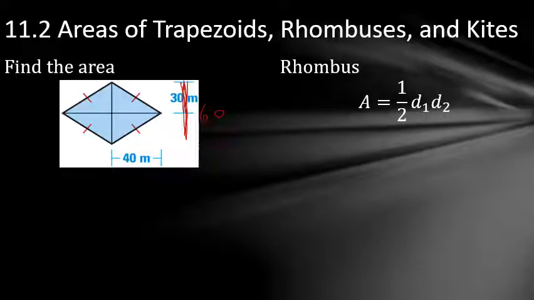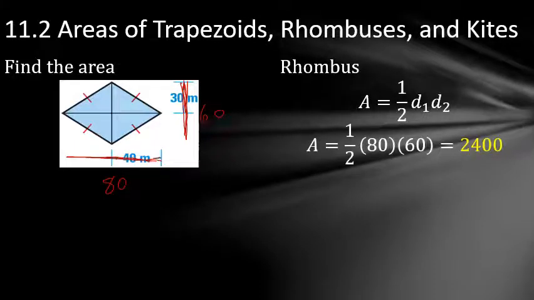And this 40 is only halfway. The whole diagonal would be 80. So our diagonals are 60 and 80. Plug those in. 1/2 of 80 times 60 is 2,400. But wait, there's more.